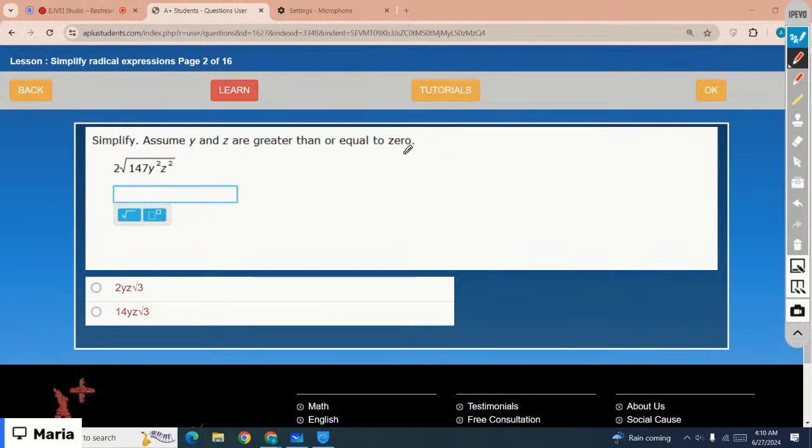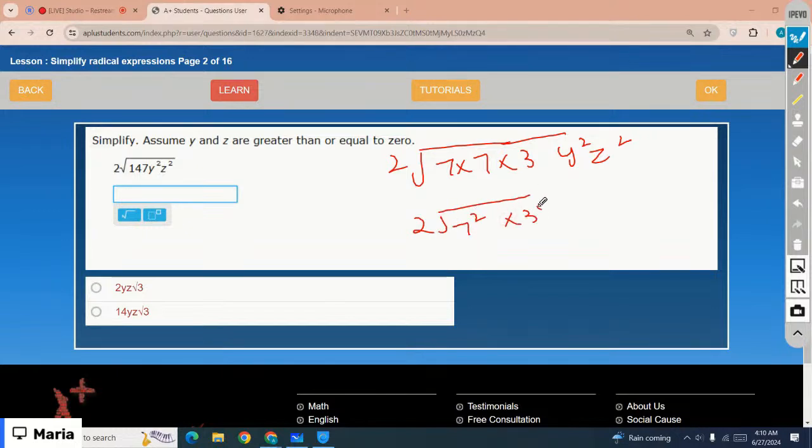So the prime factors are, let me just think, that is 7 times 7 times 3. Yes, so you can write it as, you have y square and z square. You can write it as 2 7 square times 3 y square and z square.